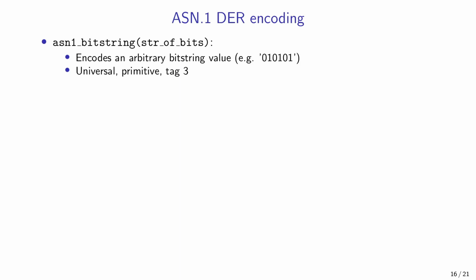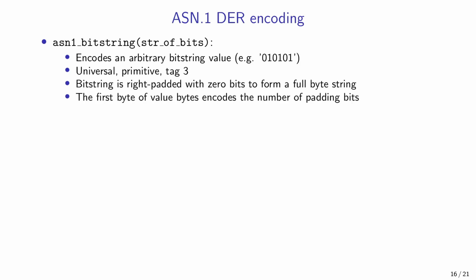However, to encode such a bitstring, we still need to pad our incomplete bitstring to form a full byte, since for any type of storage, we have to use full bytes. For example, we cannot write just a few bits into a file, right? So bitstring is right padded with 0 bits to form a full byte string. Since we have to somehow communicate to the recipient how many padding bits we added, the first byte of the value bytes will encode the number of padding bits appended.